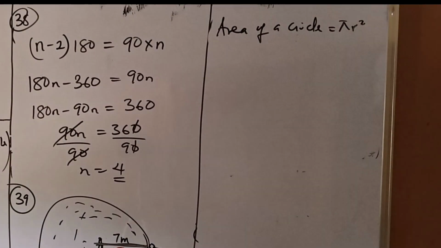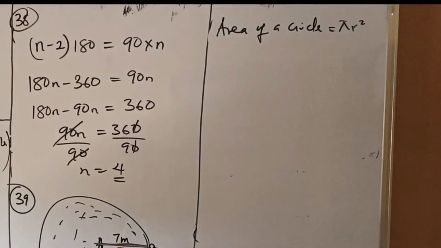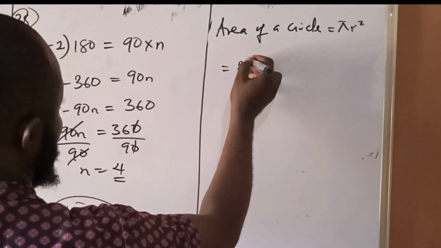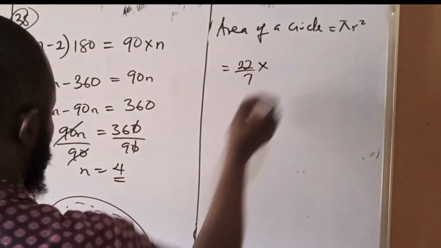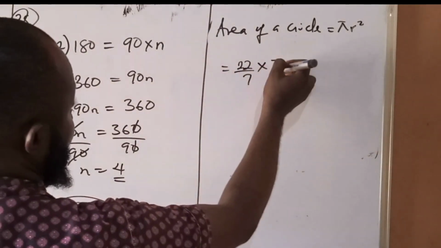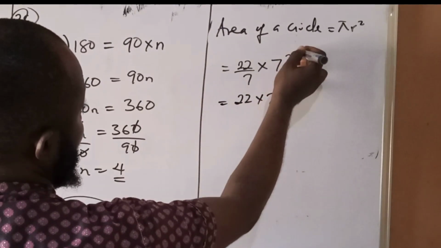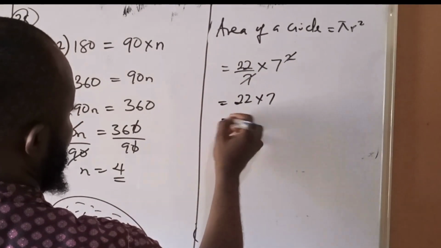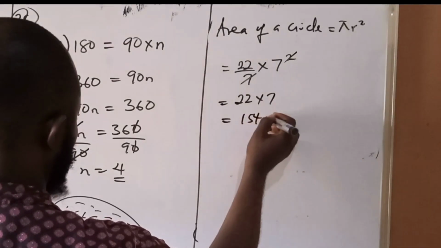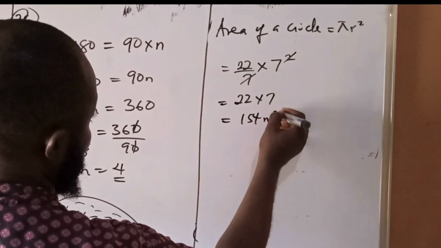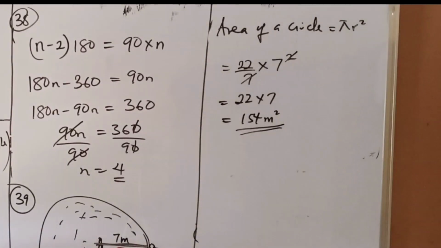Taking pi to be 22/7, that means 22 divided by 7 times the radius, 7 squared. So that means 22 times 7, because this cancels this. So that is 154 meters squared. That is the area the goat can graze.